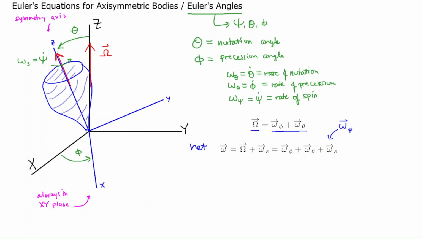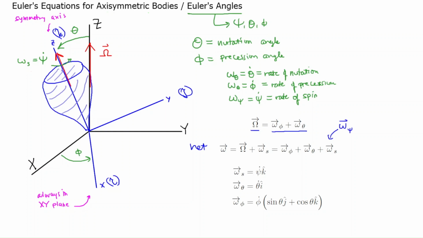Now let's see if we can figure out what the directions of these vectors are in terms of our ijk unit vectors, and the ijk unit vectors are going to refer to the rotating axes, the lowercase ones that I have drawn in blue.